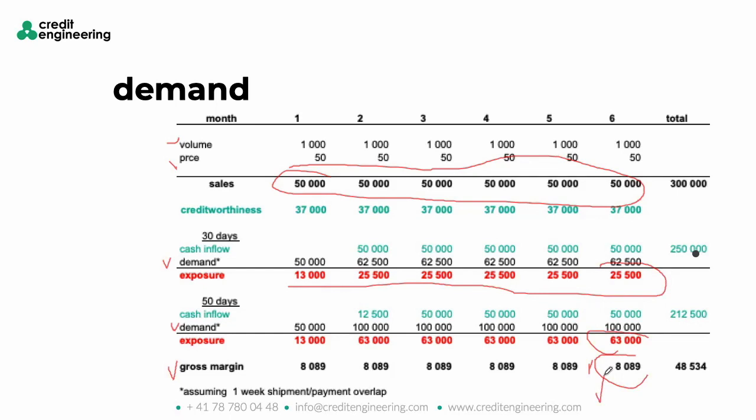Plus to that, we can see how much of that gross margin or profitability we will earn over the 6 months. Again, the length of the period in subject could be longer or shorter depending on your business, depending on your industry.